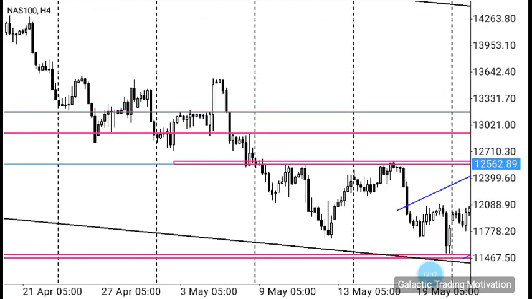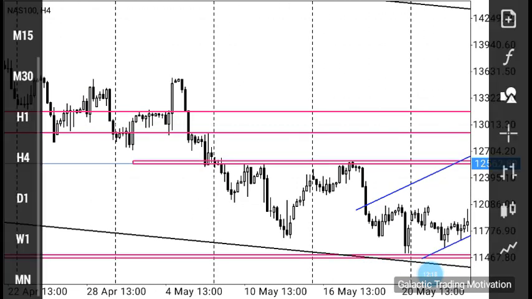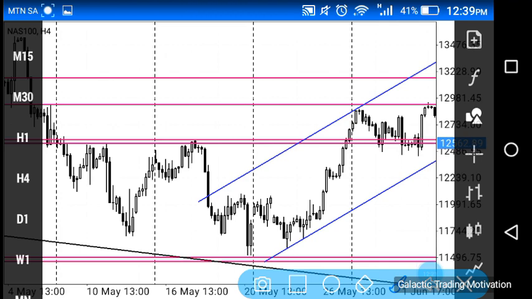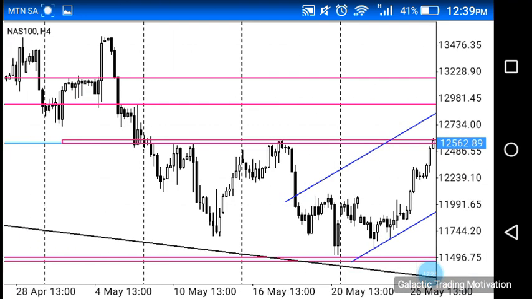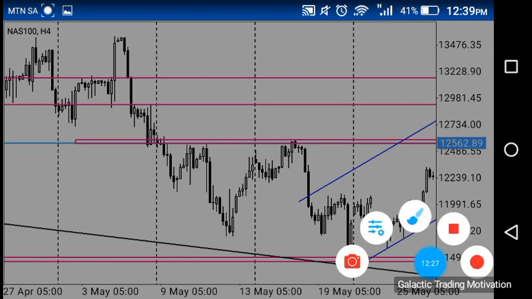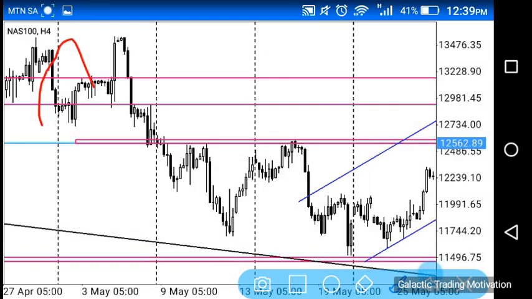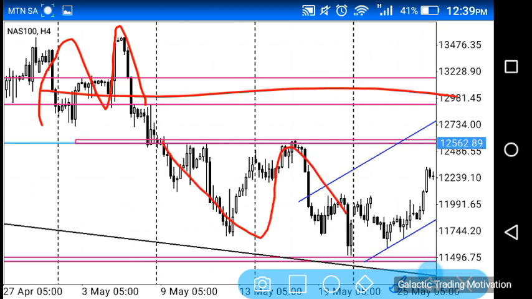Just to recap, on the daily chart we spoke about that huge M structure over here, which also has a neckline there. We also spoke about the W formation here, which also has a neckline there.